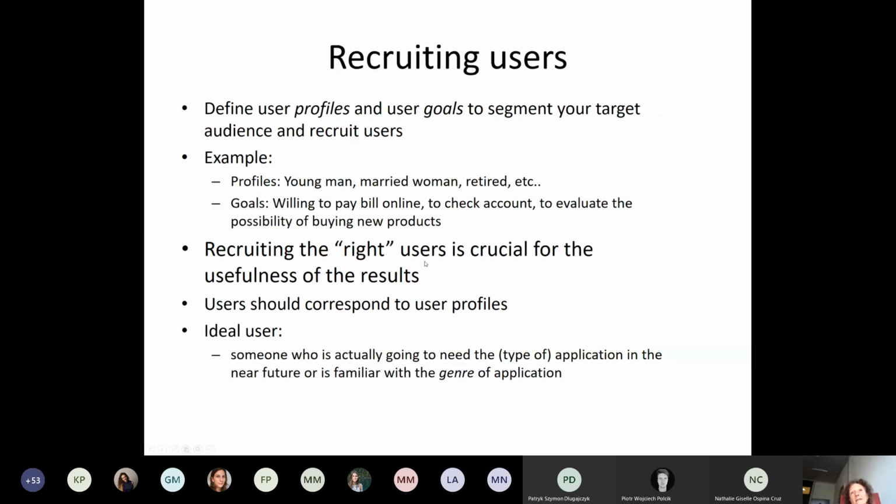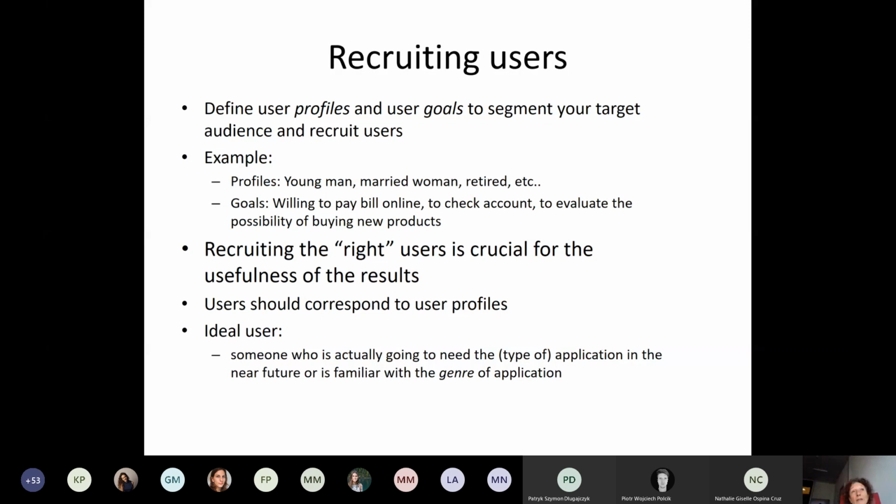Then recruit the right users, who really fit with your profile. If the profile is too broad, everyone, male, female, any age, you don't get very reliable results. Usability results can be affected by the different user profile.